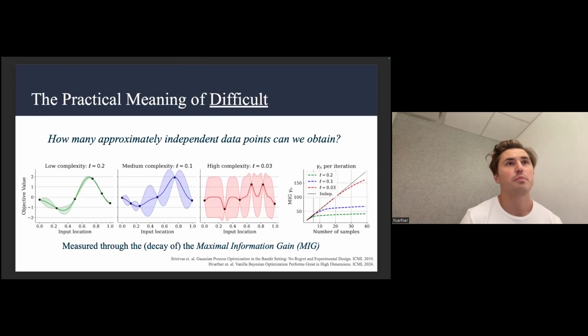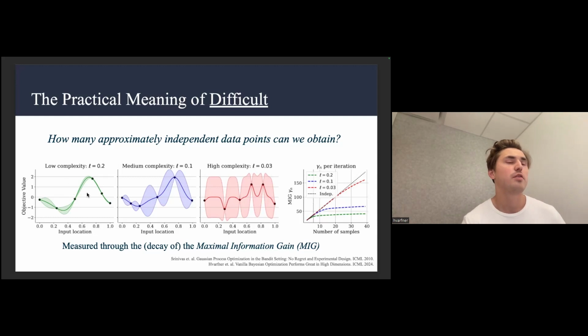So, what is the practical meaning of difficult here? From the previous slide, we constructed a GP that was rather smooth and one that was not very smooth at all. And to represent difficulty here, we're going to be very concrete and say that difficulty measures approximately how many independent points I can obtain with my current model.